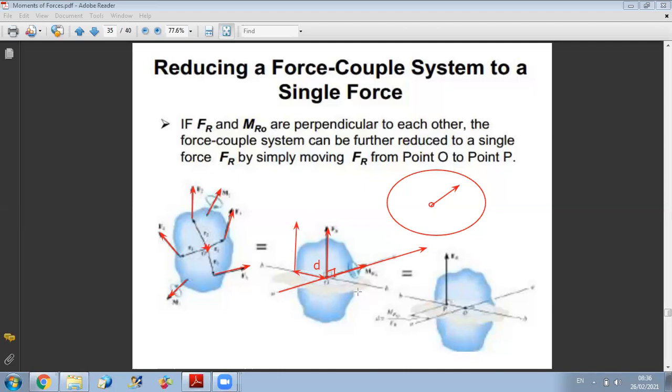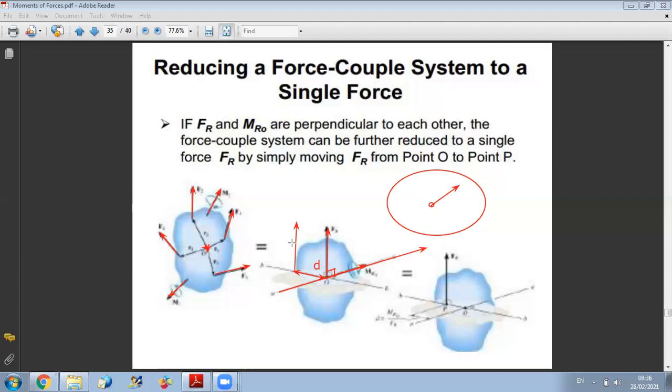So I can just select a corresponding distance in a way to produce the same resulting moment about O. Once I reach this distance, then the single force will be able to represent my system because it can produce the same effect about O. Since we said, what is the condition for equivalent systems?